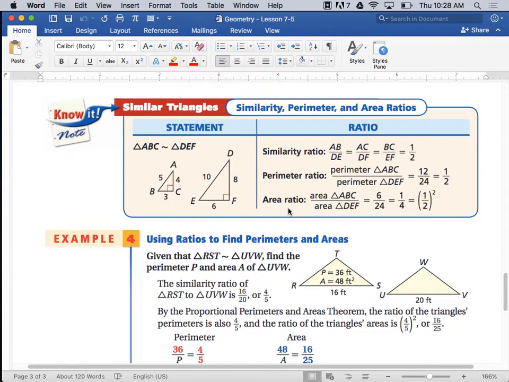And we get similarity, perimeter, and area ratios. So everyone take a look at this. Go ahead and take a look at this yourself and see if you can figure out what it's showing you. Similarity, perimeter, and area ratios.